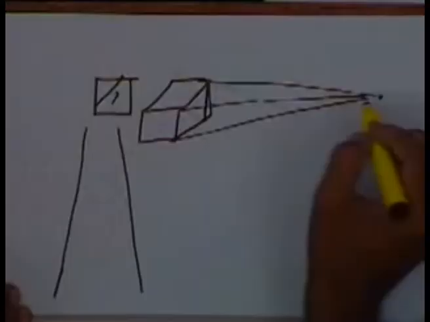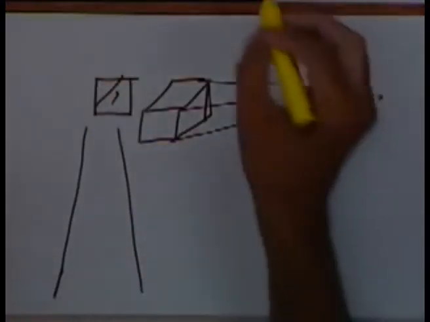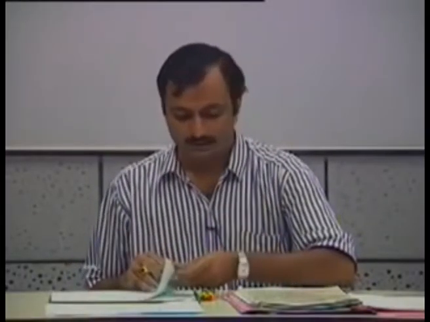That is the perspective view of the railway track. In this case, the projecting lines are not parallel and they appear as if they are all converging at a point. So we will see the perspective view in detail later on. Let's first talk of the parallel or the orthographic views.